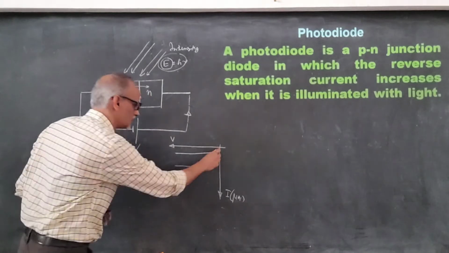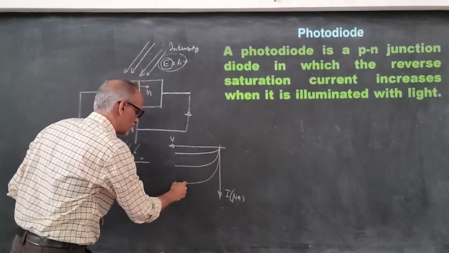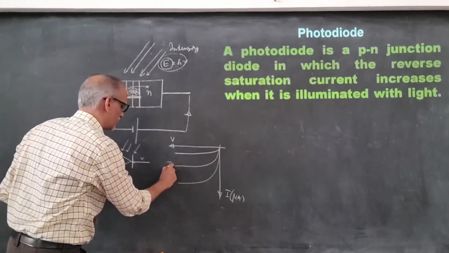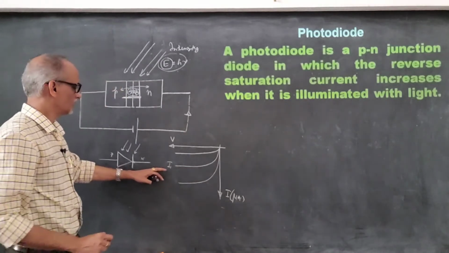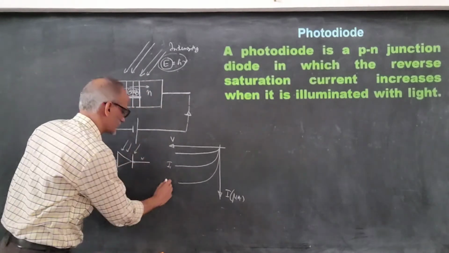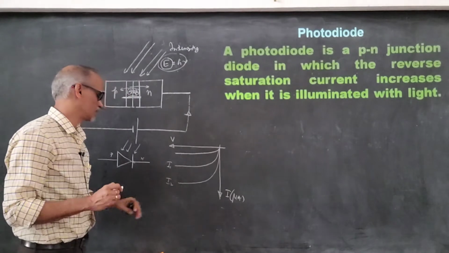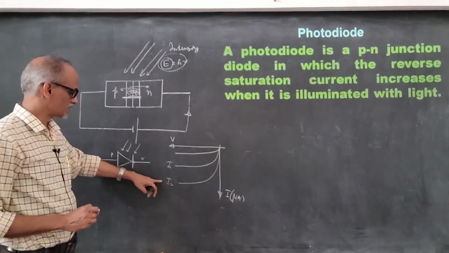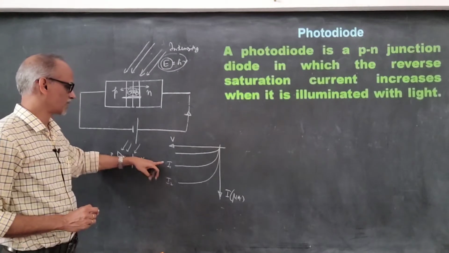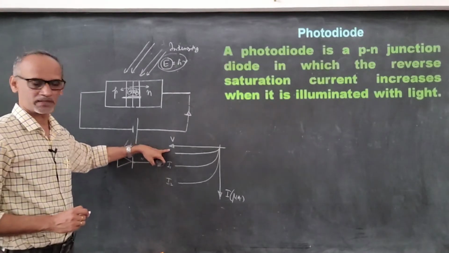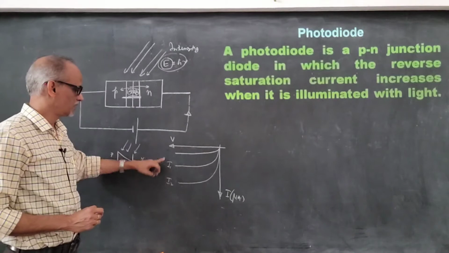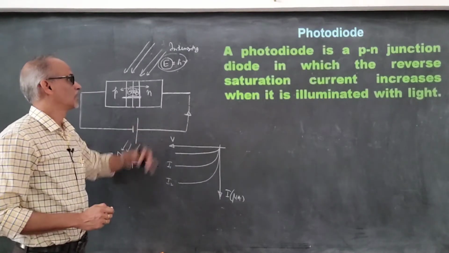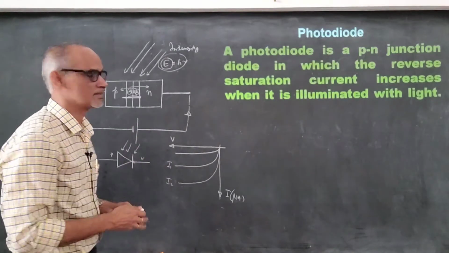The greater the intensity, the more the value of the current. If I1 is the current corresponding to one intensity, and I2 is the current corresponding to another intensity, then definitely we can say that the intensity of this is more than that of this. This is in the absence of radiation and this is in the presence of radiation, and that is what the photodiode is all about.